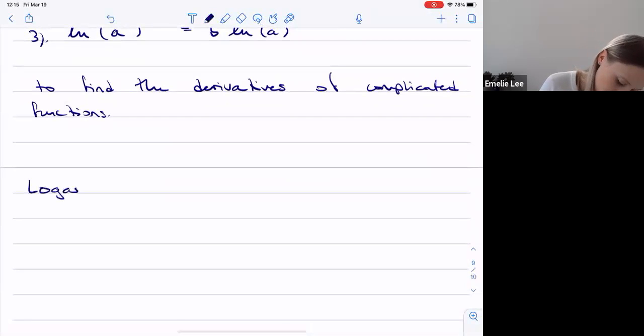Stated up top here: logarithmic differentiation.